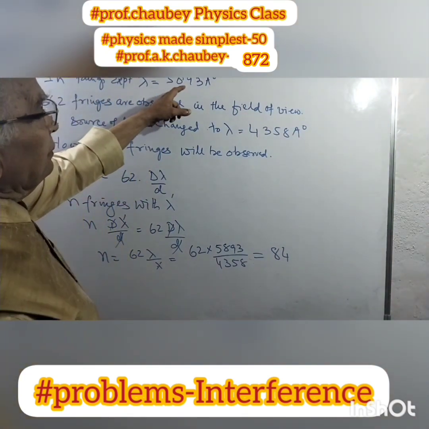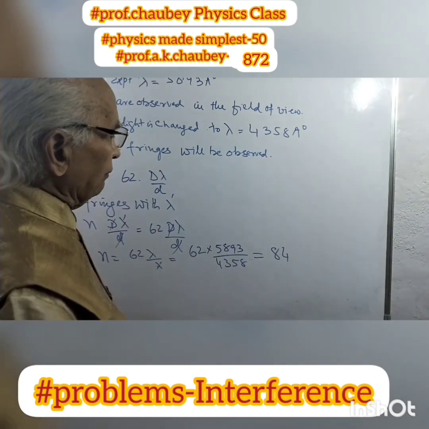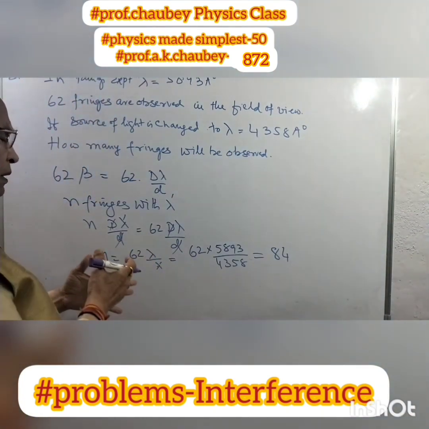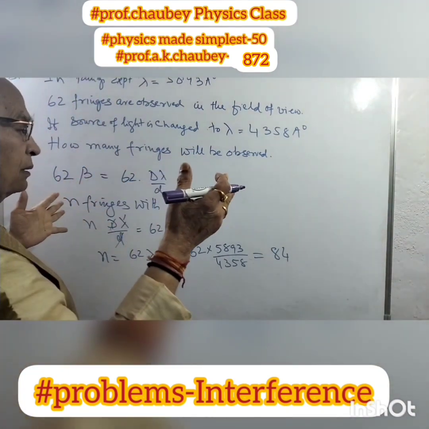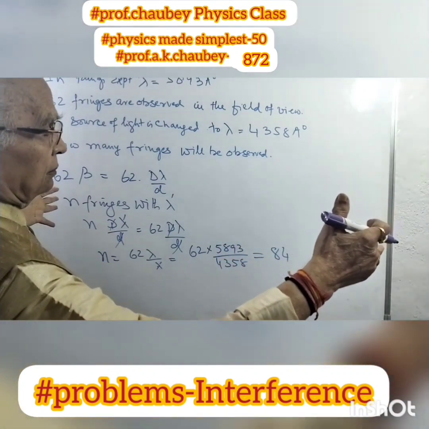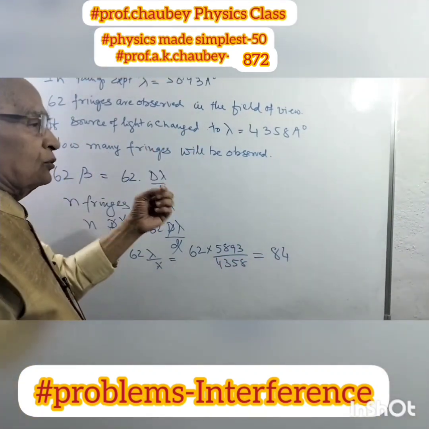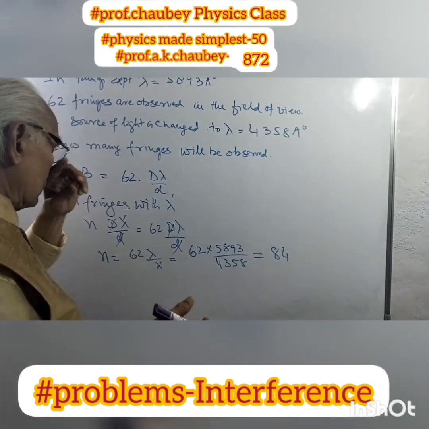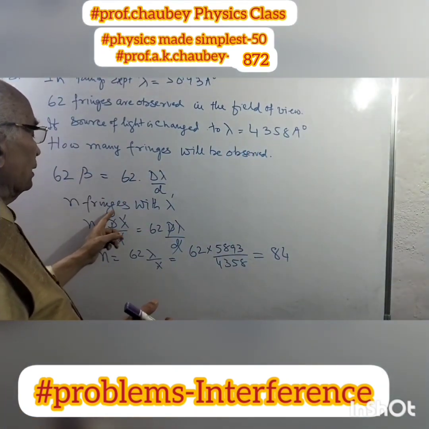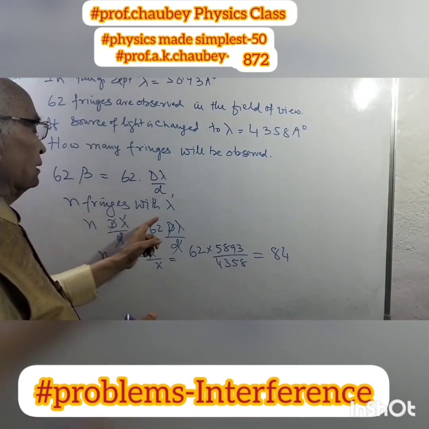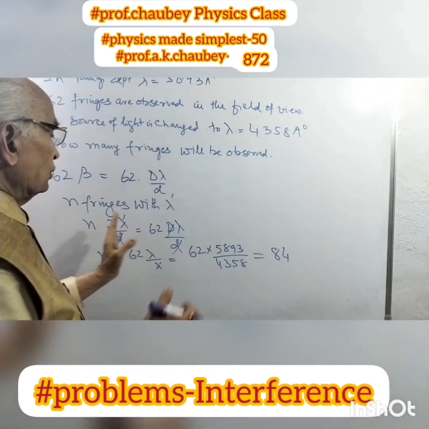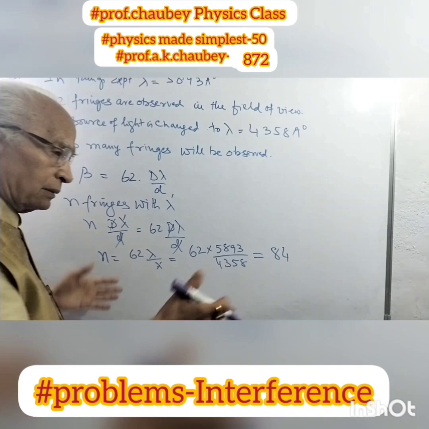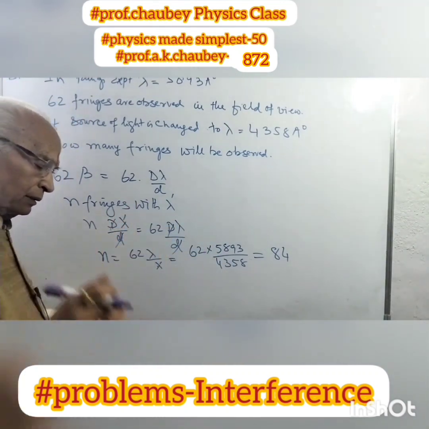So when you change the light source from 5893 angstrom to 4358, the fringe width changes and the number of fringes increases, more fringes are seen. Because the light is changed, the fringe width will change, but the total screen remains the same, where you are observing.